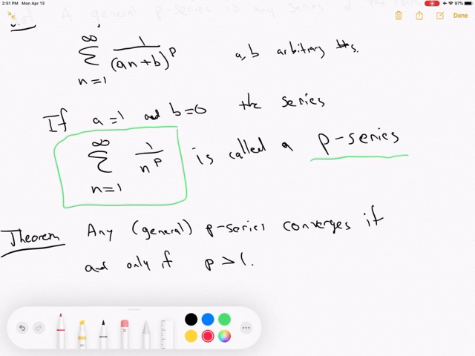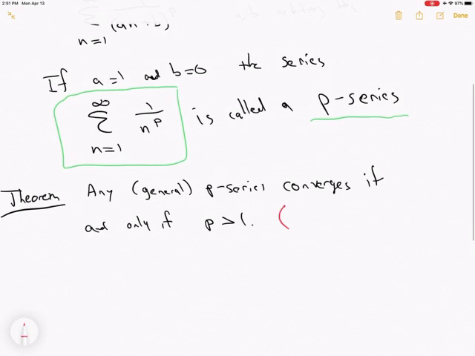So again, that means two things. That means if p is bigger than 1, it automatically converges, and conversely, if p is less than or equal to 1, it diverges.